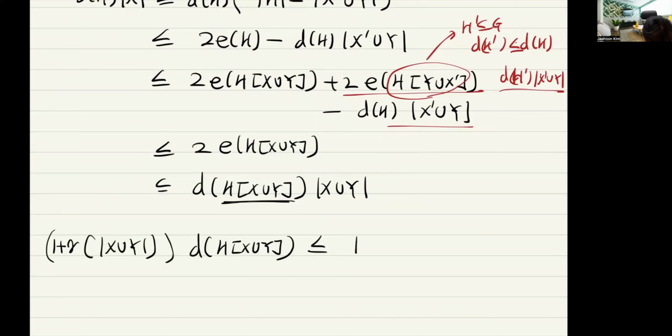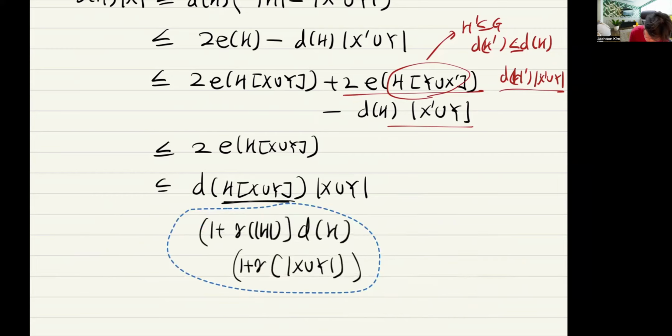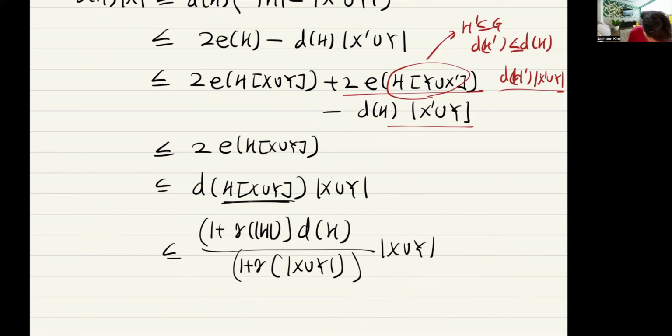This is almost 1 plus gamma of H times the degree of H. So you just subtract it on here, then you get the inequality. So you just write it, and you divide it, and then you write it. So that's the upper bound.